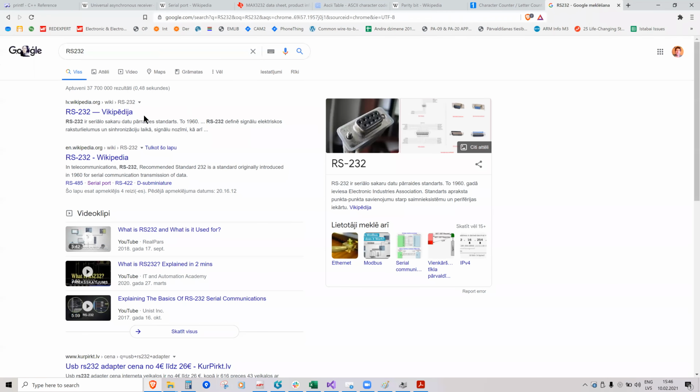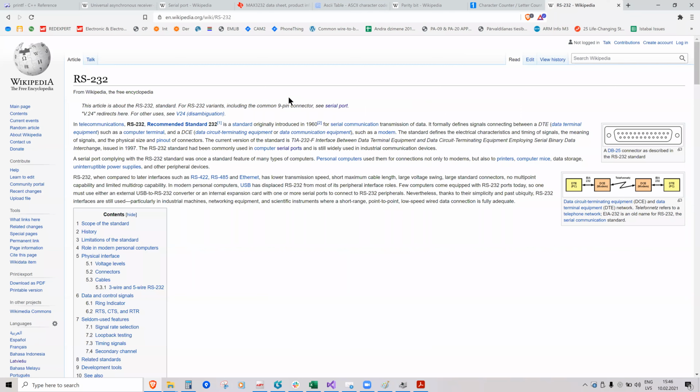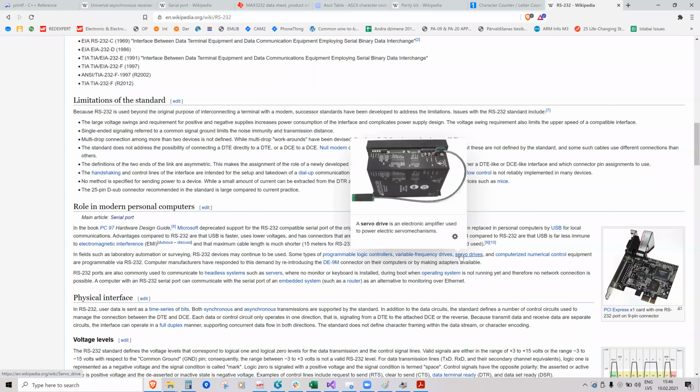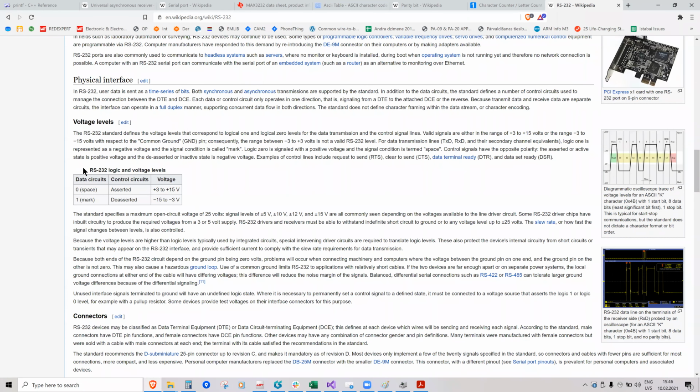What is this RS232? RS232 is a standardized communication mode using the serial line. It has several versions, and you can see that its voltage levels are not 0 to 3 or 0 to 15.